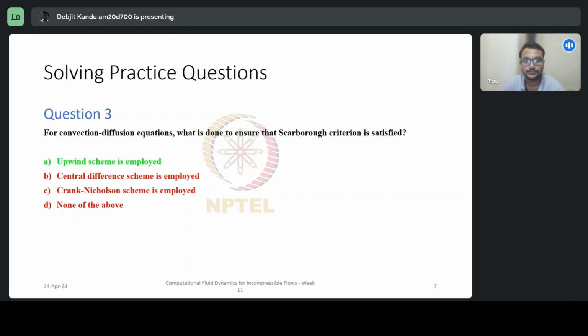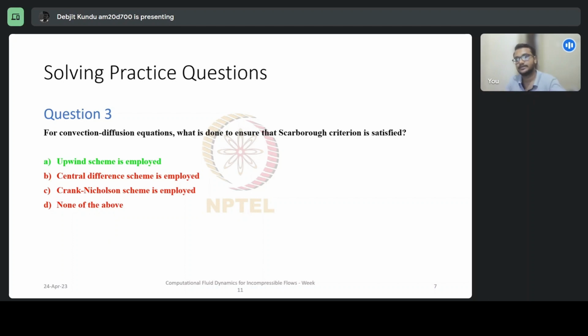If we use upwind scheme, it turns out that the matrices that we develop are diagonally dominant and they satisfy the Scarborough criterion. As a result, we can rest assured that the solution would ultimately converge and give us correct results.